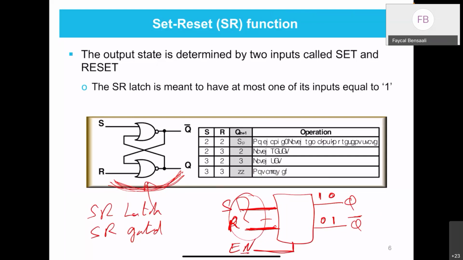So SR is basically, we have those two main inputs, and this is how it works. So if S is 0 and R is 0, I don't know, this is very strange, this should be Qn here. This is reset, 0.